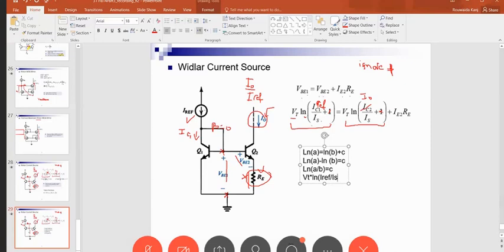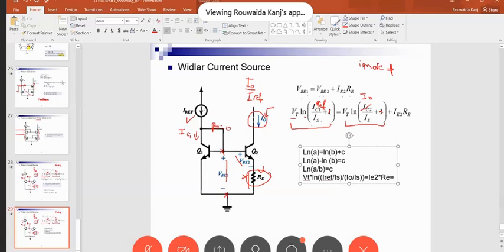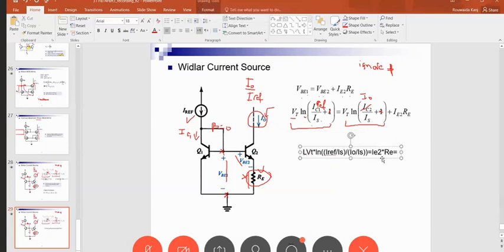Okay, this we will divide by IO over IS, is equal to IE2, which we will consider as IE2 times RE, which we consider equal to IO times RE.